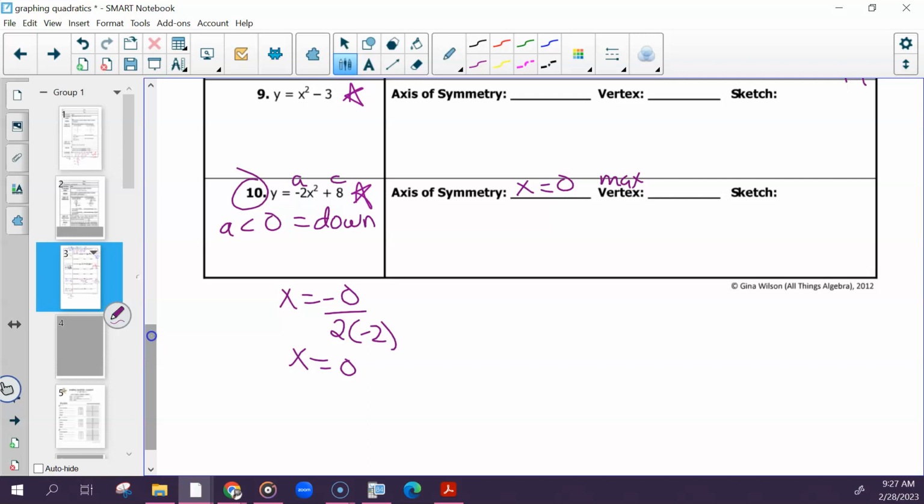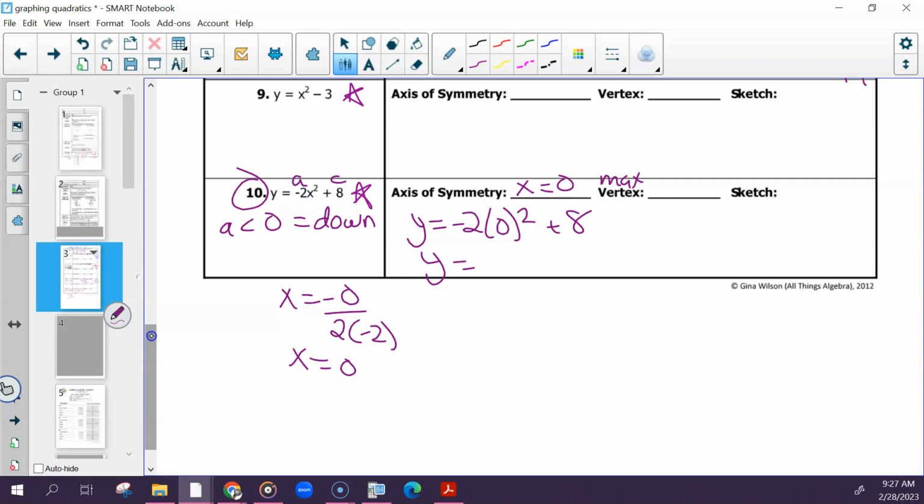So then if I put 0 in, what would my y value be? Eight. Because this would all become 0.